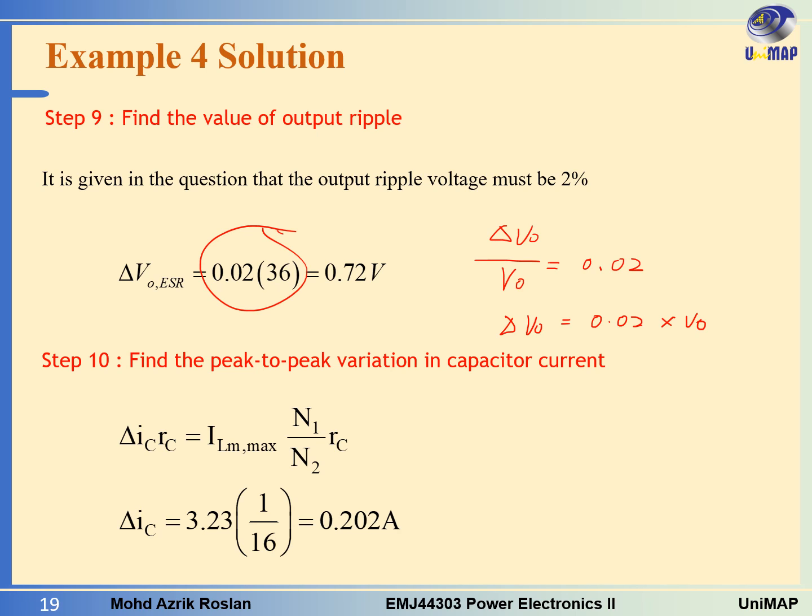So the delta IC equals to 3.23 multiplied by 1 over 16, and you will get delta IC equal to 0.202. Where is the RC here? Because RC can be cancelled, this one and this one. So the remaining is delta IC equals to ILM max multiplied by N1 over N2. You will get delta IC equals to 0.202.